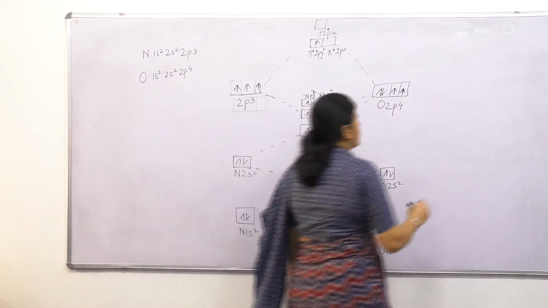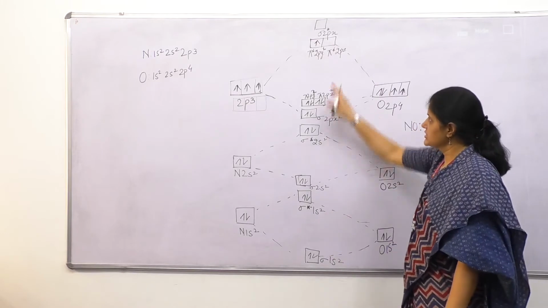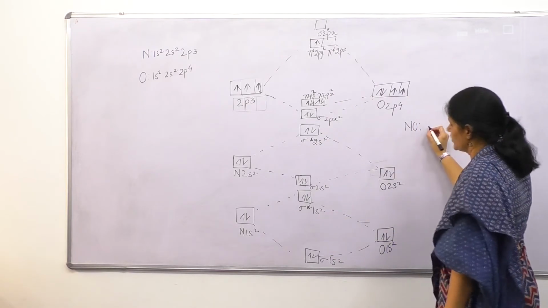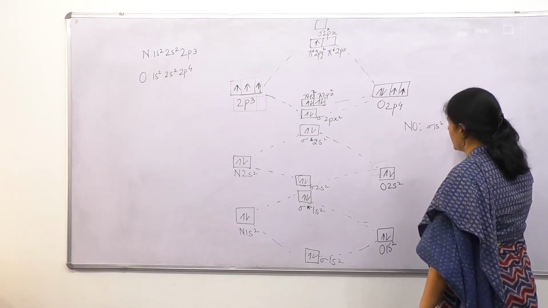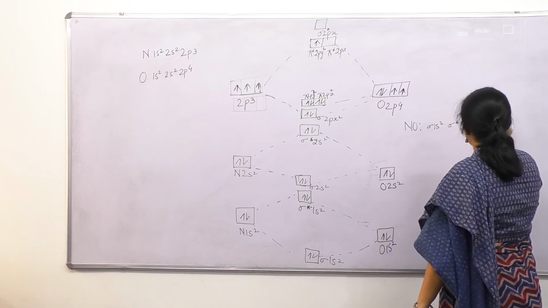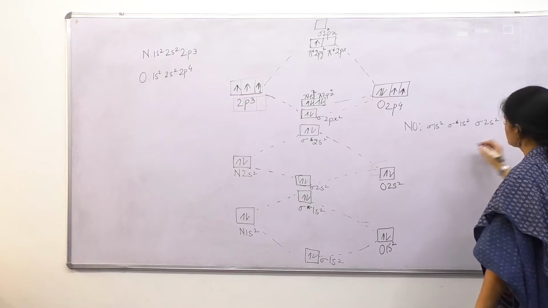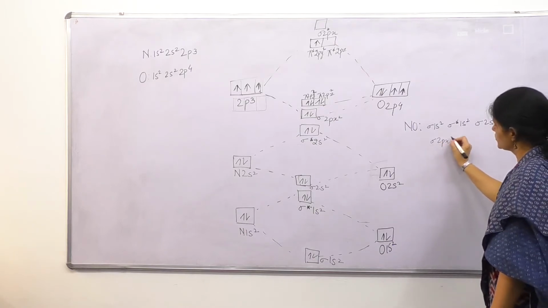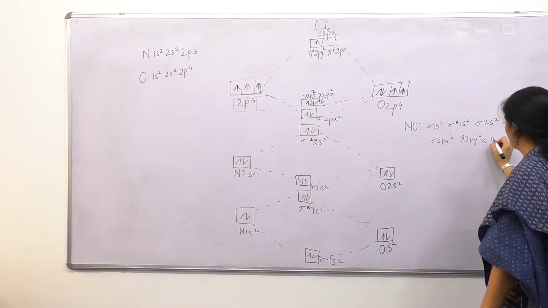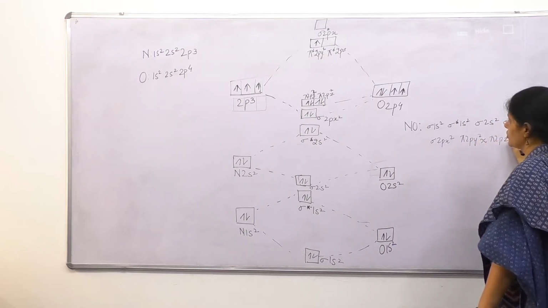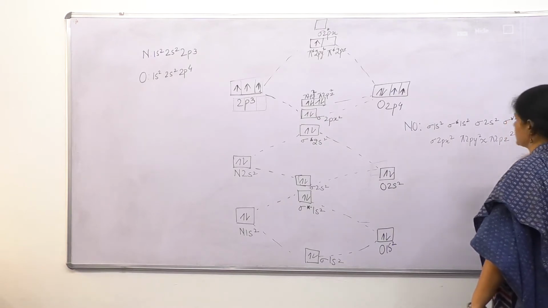Now we will write the configuration of the NO molecule. For configuration, consider only these orbitals. It will become sigma 1s2, sigma anti-bonding 1s2, sigma 2s2, sigma anti-bonding 2s2, sigma 2px2, pi 2py2, pi 2pz2 and pi anti-bonding 2py1.